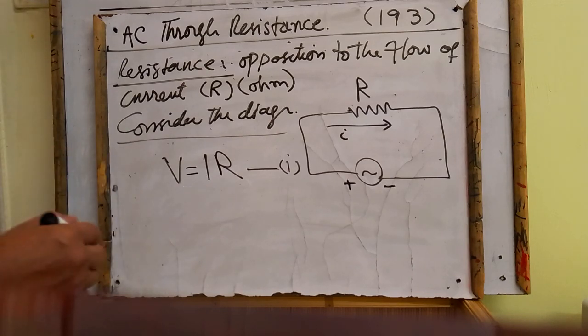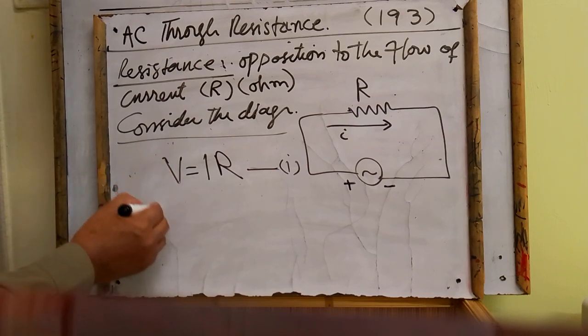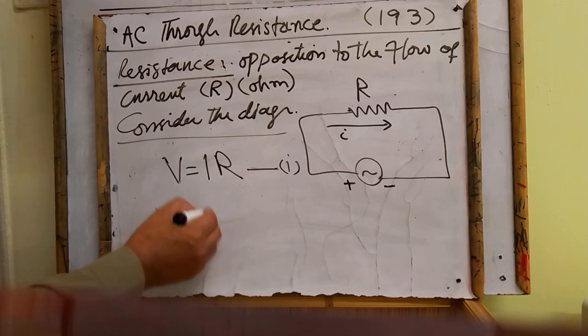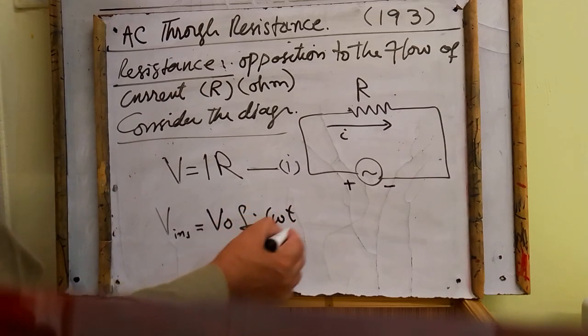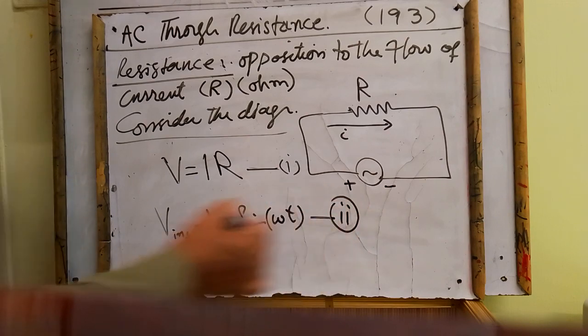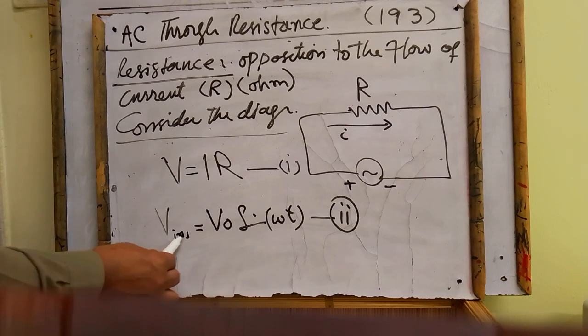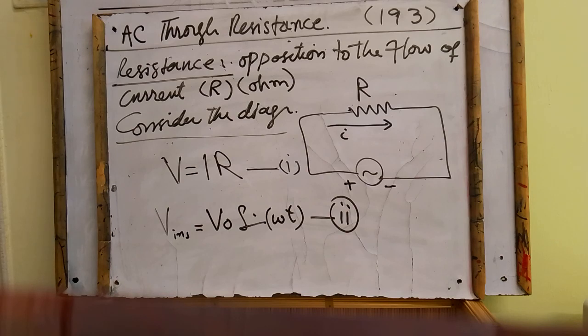So let us write the instantaneous equation for voltage. As it is AC, we can write this equation like V naught sine of omega t. This is equation 2. V instantaneous is equal to V naught sine of omega into t.